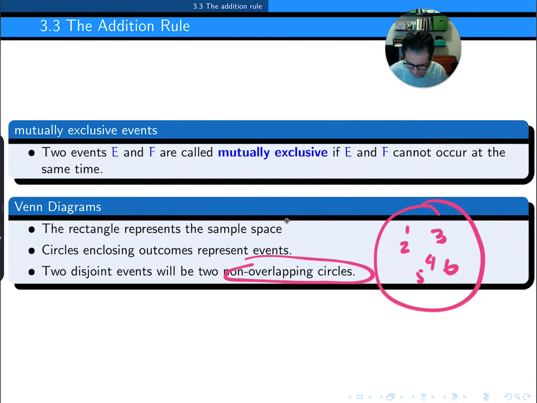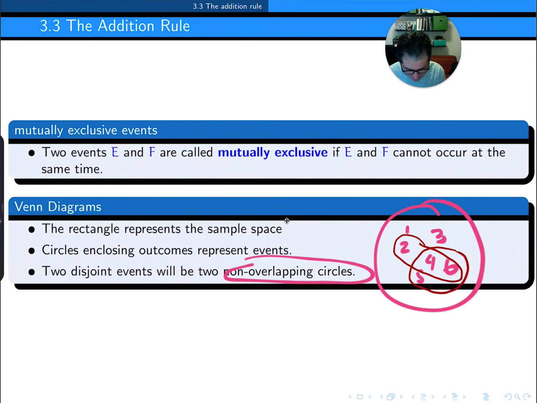And if I want to say the set A is the event that I landed on an even number, this is a circle that represents the even numbers, right? Anything in my red circle belongs to the set A, or event A. And if I say my event B is landed on 4 or above, so this would be 4, 5, or 6.